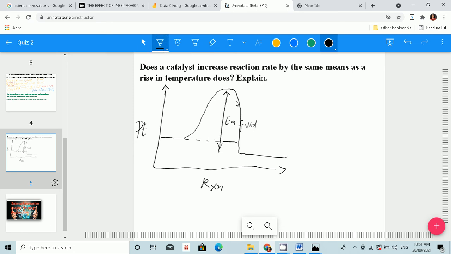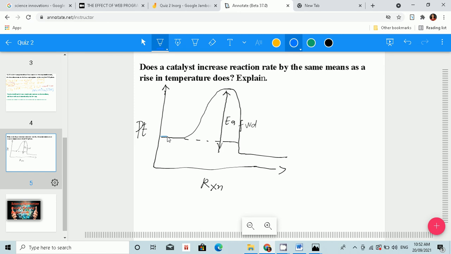Now, what happens when there is a catalyst? If there is a catalyst, look what will happen.